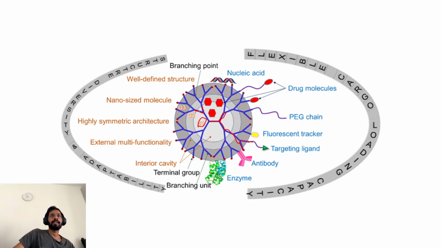As these branches in turn start to branch out, that will become generation two. And as these branches further progress to branch out, that will become generation three. So those are generations. The size, as you can notice, increases as you increase the generations, because it keeps constantly branching out and moving out. So the size will increase with increasing generations.